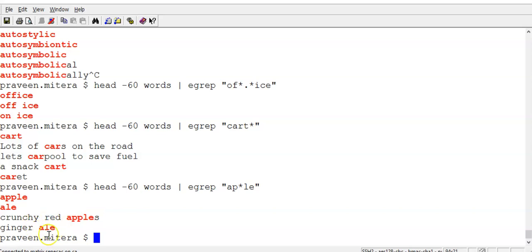That's why this is qualifying. Here you've got A and P matching A and P, and this allows multiple occurrences of P. So you have another P here that's allowed, and then you have LE. Why is this one qualifying? Because A matches, P has been made optional by the asterisk, so it's not existing here, which is okay. And then it's looking for L and E. So that's why all of these are qualifying.